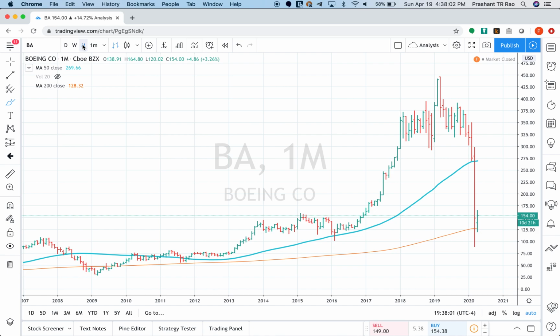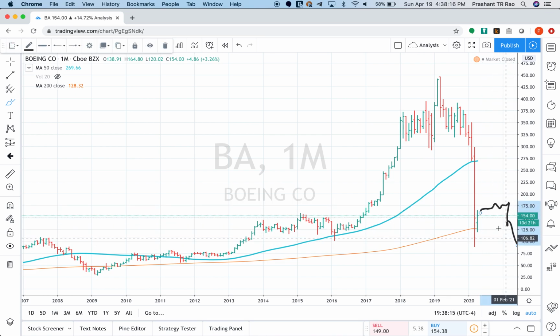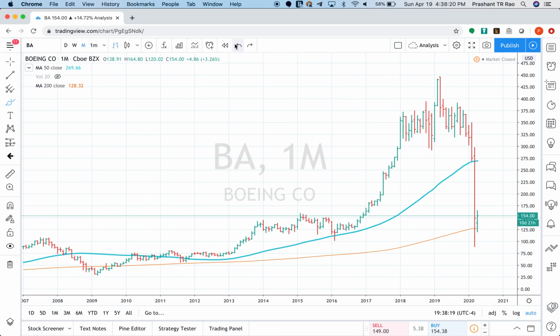So in order for the stock to penetrate below this level, it's very likely that we'll see some kind of consolidation before it starts to move all the way down. Sorry about this, the drawing is not perfect. Let me try again.